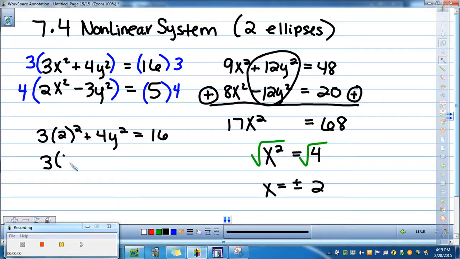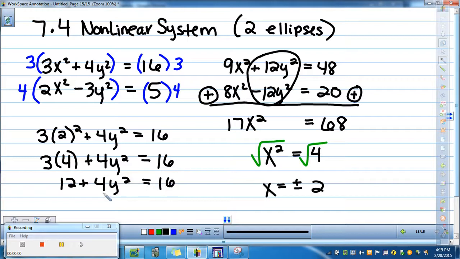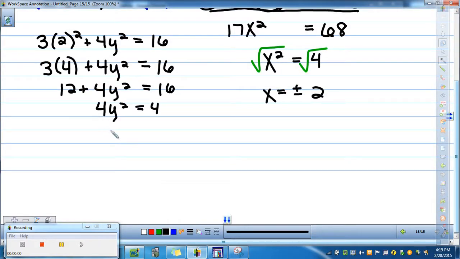The few steps we need to do to solve. Subtract 12 from both sides. And divide both sides by 4. When we square root both sides, we get plus or minus 1.